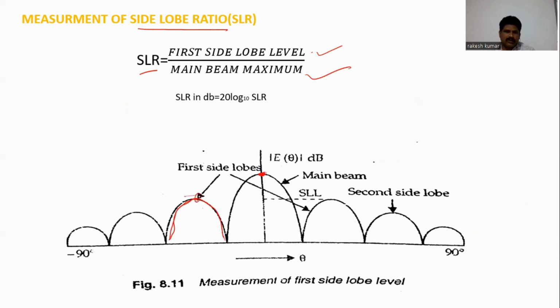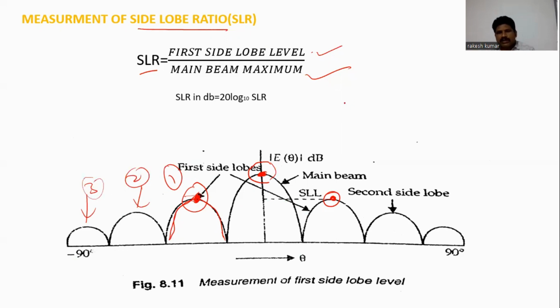How much is this intensity relative to this one? This is the main lobe, so this is the maximum value of the main lobe, and this is the maximum value of the first side lobe. This is the second side lobe, this is the third side lobe.